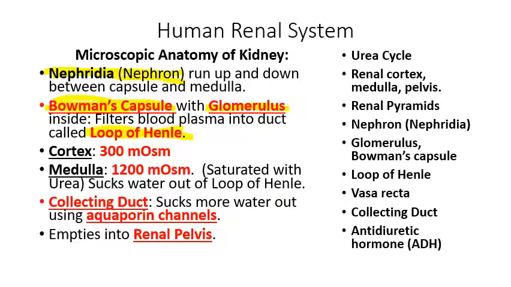Now, we mentioned earlier on that if you talk about any solution in the body, you could have 100 millimolar sodium chloride and 100 millimolar potassium chloride. If we don't really care about the different components that make up an aqueous solution, we just want to know what the total molarity is of all of the solutes dissolved in that solution, we refer to them as osmoles.